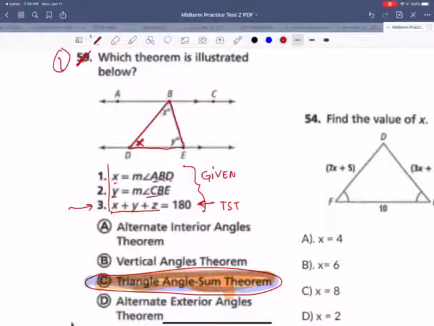And Y is equal to this angle, right? That's given. And so then it designates this one as my third angle, and it adds them all up. We know that they all have to add up to 180. That is the triangle sum theorem. Okay.